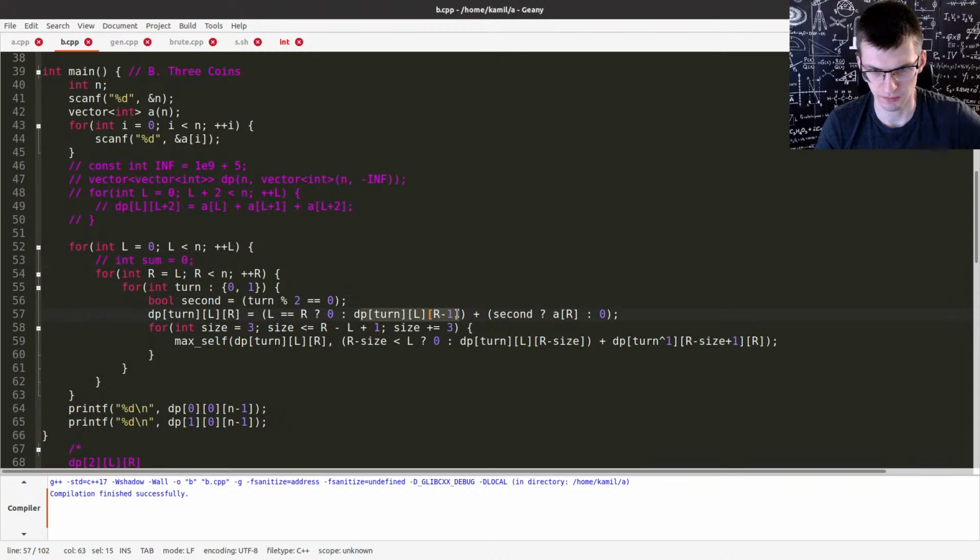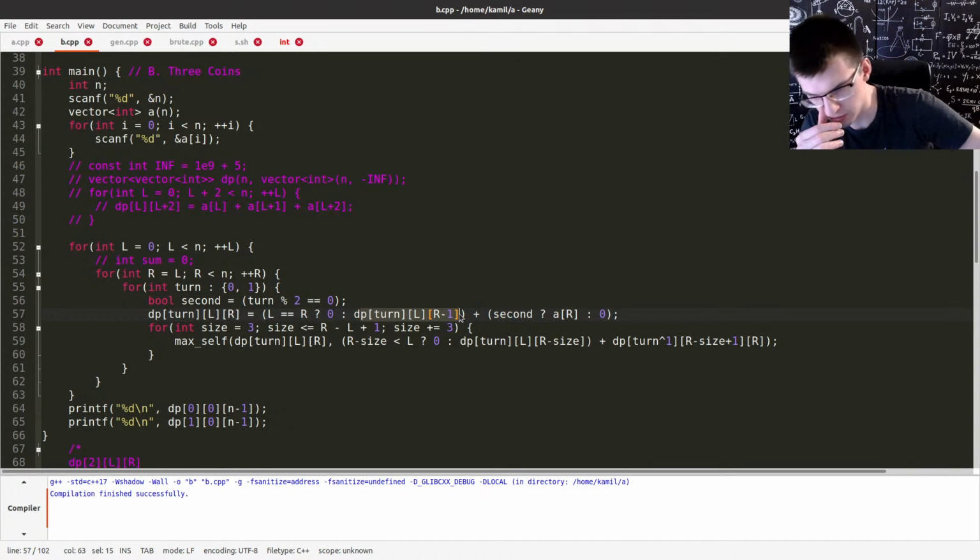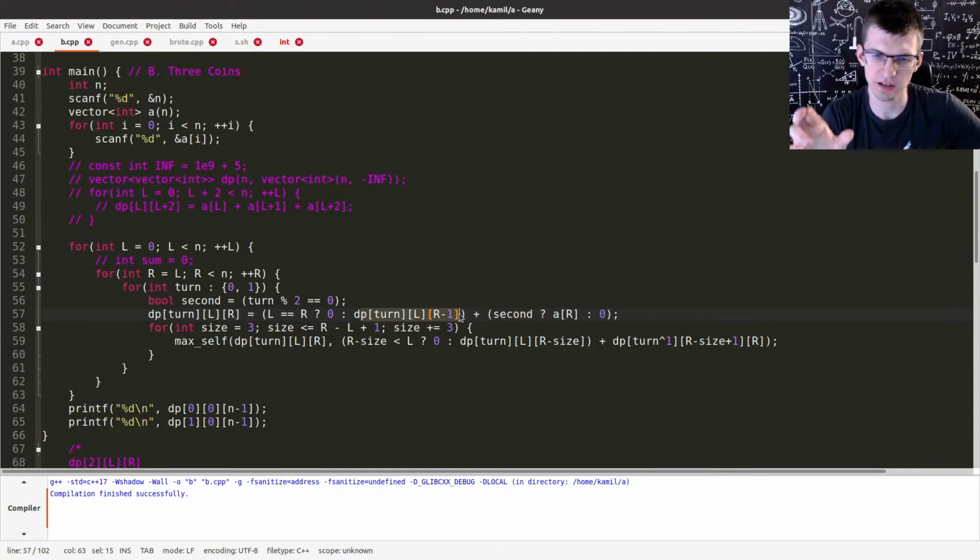This is my DP of a bit shorter one. And this is the last red thing. Zero, or take this, and the other type of DP. And this is for shorter interval.